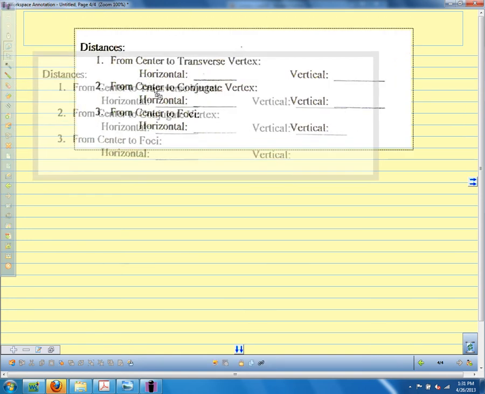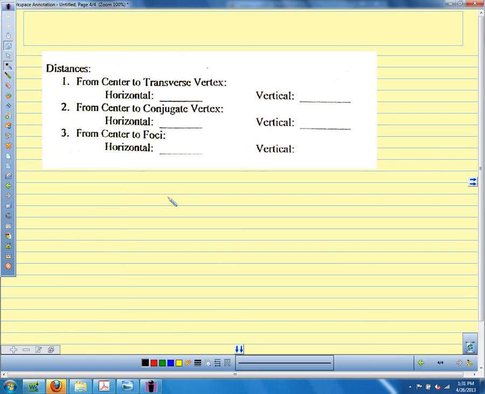That's what I was just talking about: our distances from the center to the transverse vertex. A tells us how far from the center to the transverse vertex.